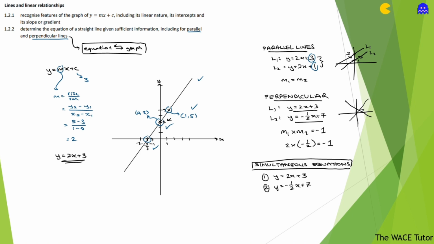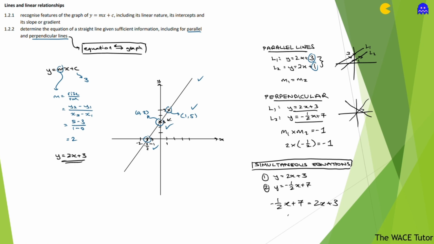The point where these lines intersect is where the y values and the x values are the same. So the y values are the same, which means I can equate negative 1/2 x plus 7 to 2x plus 3, because these y values are the same. So negative 1/2 x plus 7 is equal to 2x plus 3.